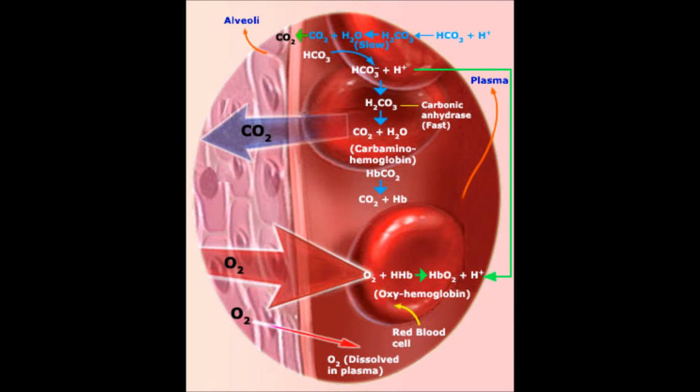Now, anything that increases BPG production will also increase dissociation. It will cause oxygen to leave the red blood cell. Well, now this is where hormones come in. So for example, epinephrine will cause the red blood cell to increase BPG production during times of fight or flight.